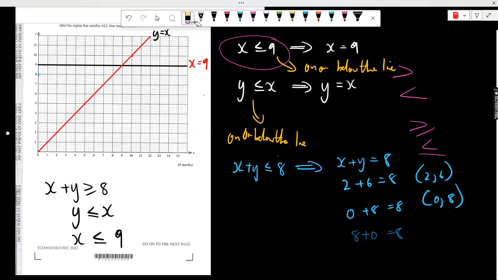Let me use a brighter color. So 8 plus 0 is also equal to 8, therefore the point (8, 0) will also be on the line. So this is the point (8, 0), and we now draw a line connecting those.